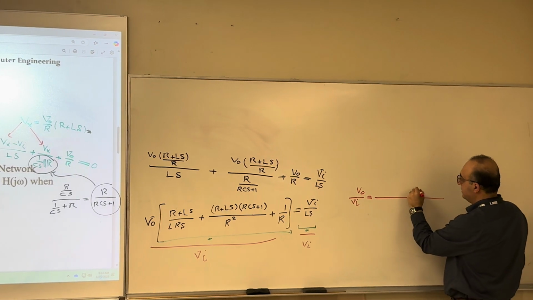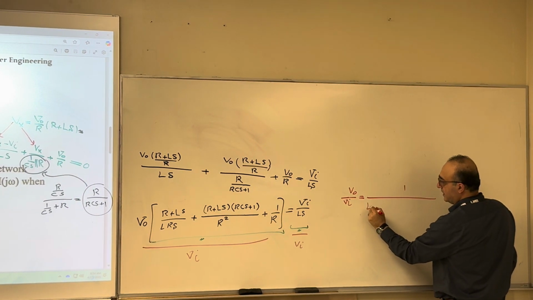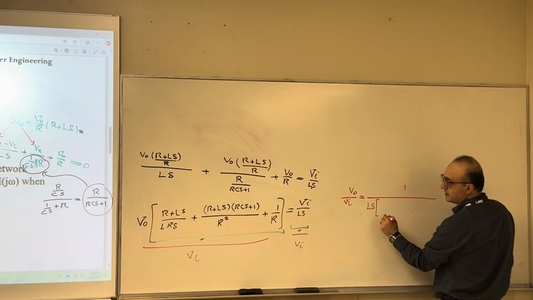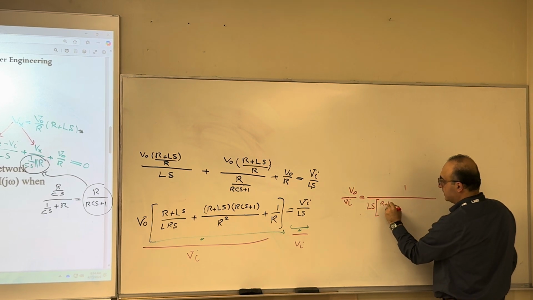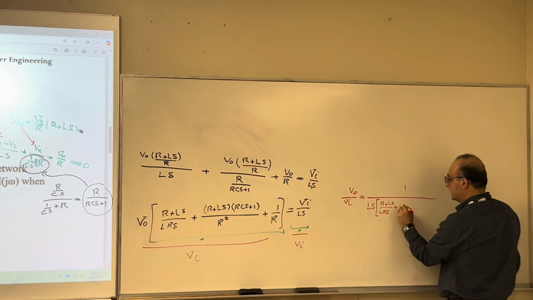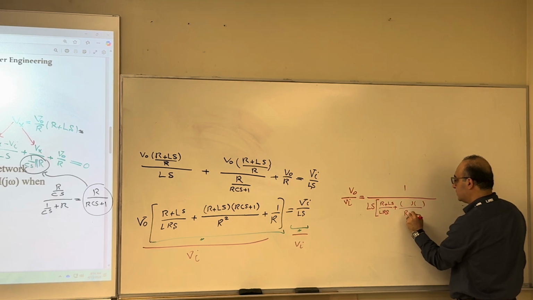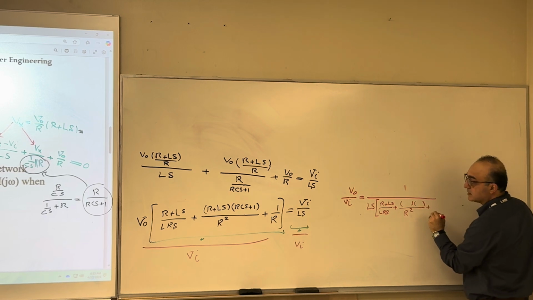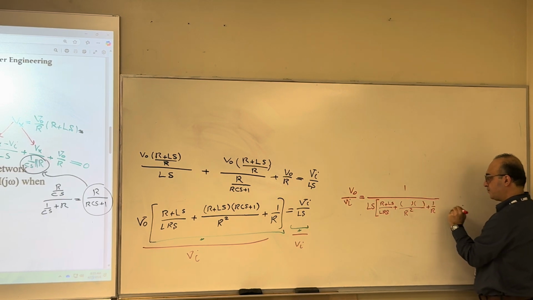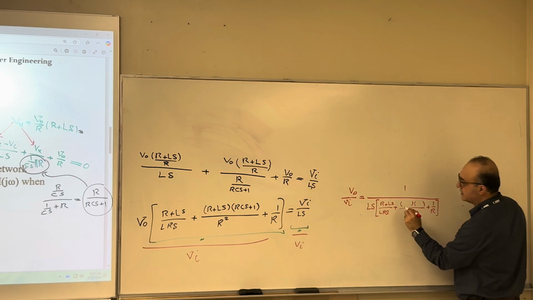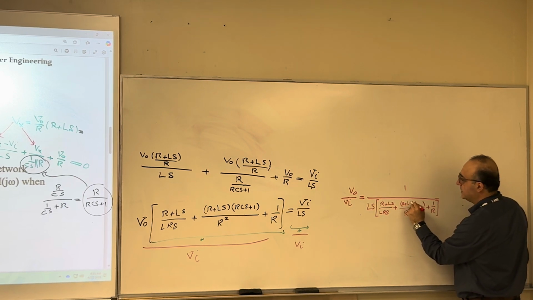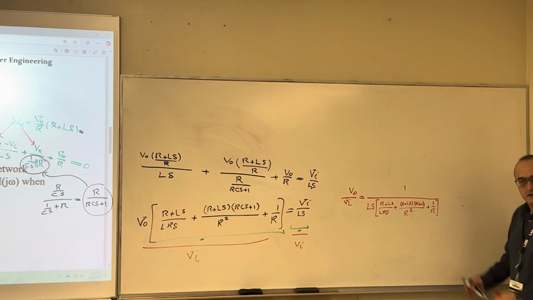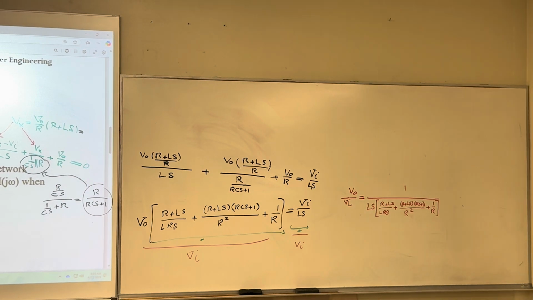This is apparently 1 with LS multiplied with this R plus LS over LRS plus 2 parentheses over R to the power of 2, plus 1 over R. So this is R plus LS over RCS plus 1. Correct? This is a transfer function. If you write something like this, it's okay.